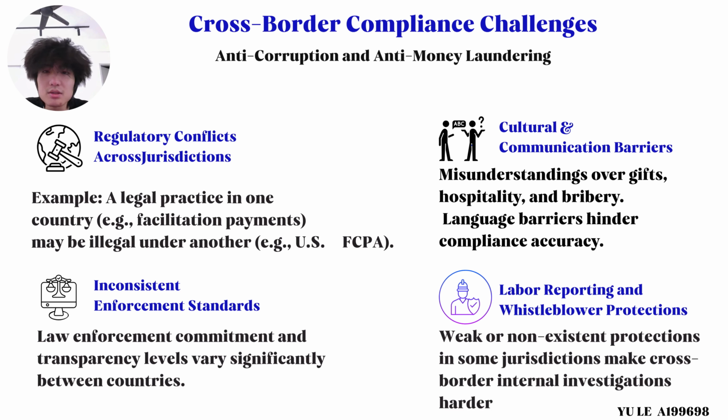The last, in some countries, workers are afraid to report problems. Without whistleblower protection, companies may not find out about the corruption. So, cross-border compliance is not only about the law, it's also about the culture, communication, and fairness.